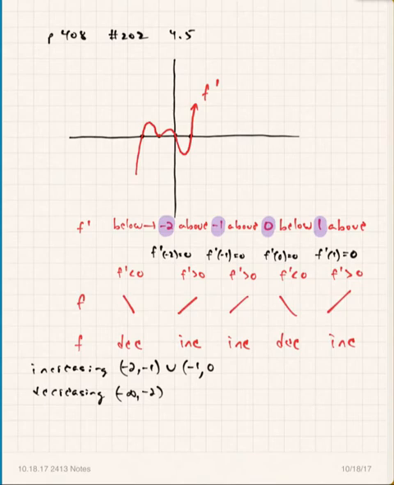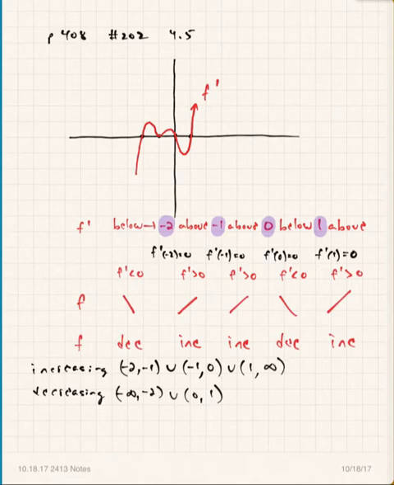So I can't include that value because the derivative is not positive there. All right, so from negative 1 to 0, the function's increasing. And then from 0 to 1, the graph is decreasing. And then finally, from 1 to infinity, the graph is increasing again.